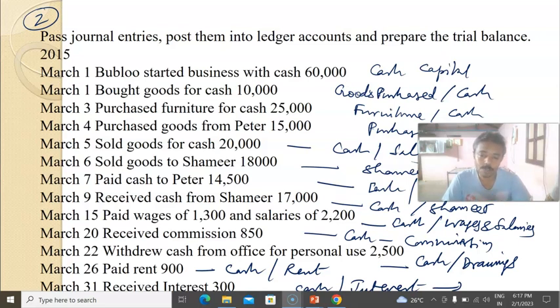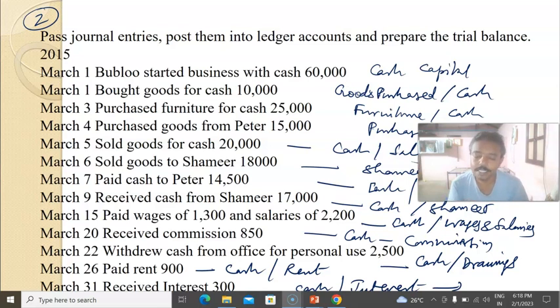Because cash goes out, it goes to Peter. So it is credit what goes out. Peter is a personal account, debit the receiver. So Peter account debited, rupees 14,500, to cash account, rupees 14,500, being paid cash to Mr. Peter on account of purchases made on March 4.